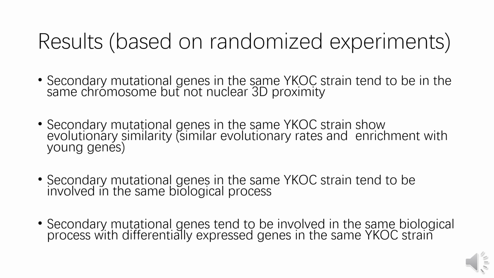In addition, secondary mutational genes tend to be involved in the same biological process as differentially expressed genes in the same YKOC strain. These results provide evidence that secondary mutations fixed in YKOC strains are not random, which can be used to study evolutionary trajectory and the functions of deleted genes.